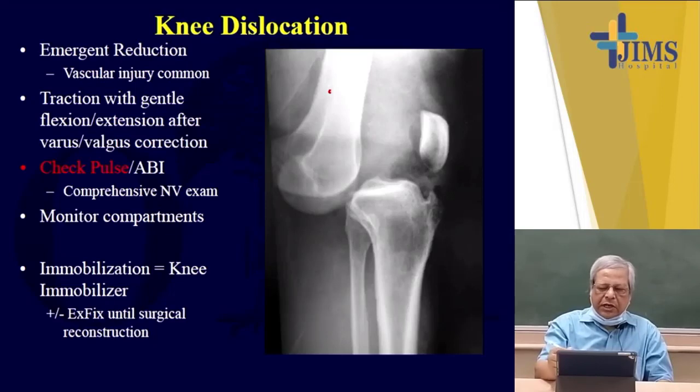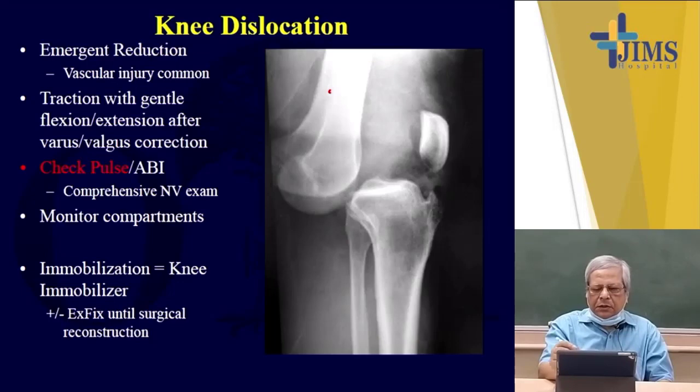So there is every possibility of vascular damage. The popliteal artery may get torn, leading to loss of blood supply to the distal part of the limb, causing gangrene.